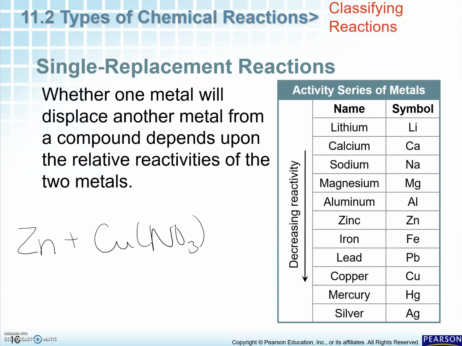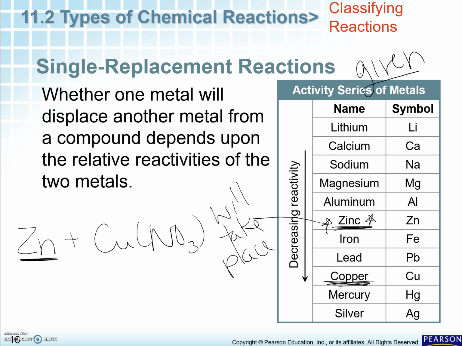Now, whenever you are trying to figure out if a reaction is taking place, you want to make sure that your element that is all by itself is higher on the list that is given to you. So here we have zinc up top and copper way down here. Since zinc is higher, this reaction will take place.